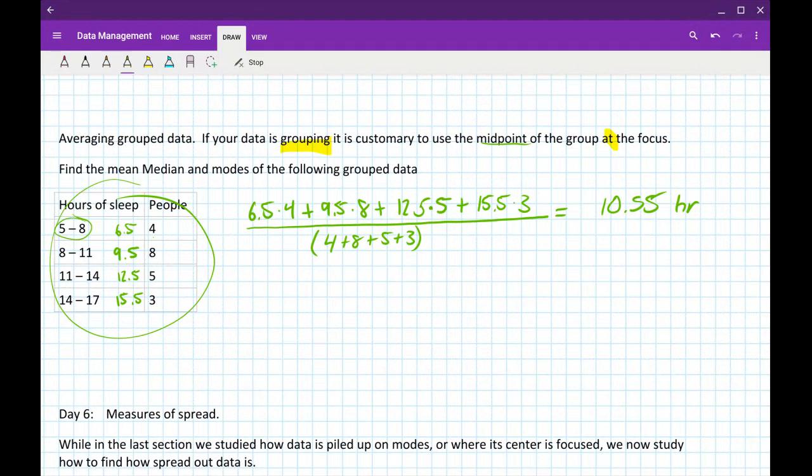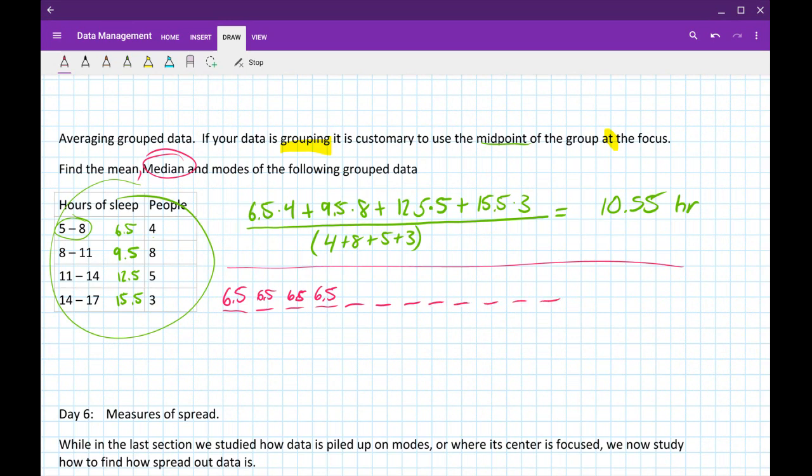Okay. The median is going to be a little more tricky. So let's do the median. Basically that means I've got 4 people with a 6.5, right? Then I got 8 people with a 9.5, right?